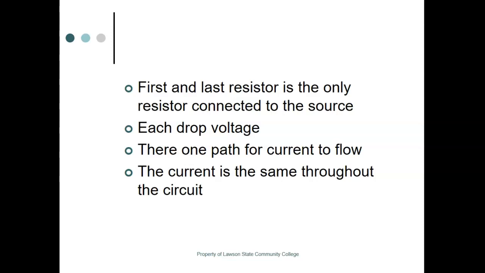But once everything's moving forward, everything's going to move forward at the same speed. Because the train's pushing everything forward. So the overall speed of the train is your current. The push from the locomotive is your voltage. And each of the cars are your resistors.